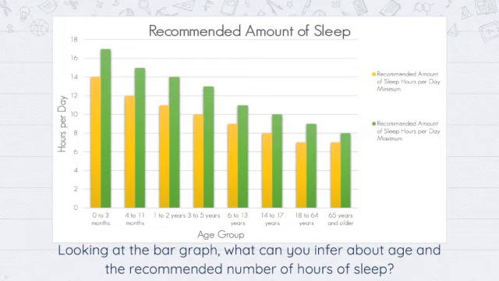Therefore, we can say that as a person grows older, the recommended number of hours of sleep per day is also getting smaller. So the younger you are, the more hours of sleep you need, while the older you are, the lesser number of hours of sleep you need per day.